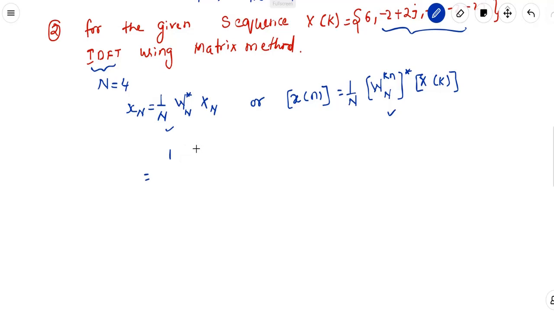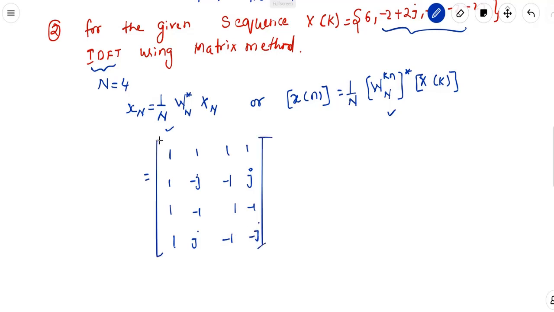We have already calculated: 1, 1, 1, 1, 1, and minus j, minus 1, j; 1, minus 1, 1, minus 1; 1, j, minus 1, minus j.